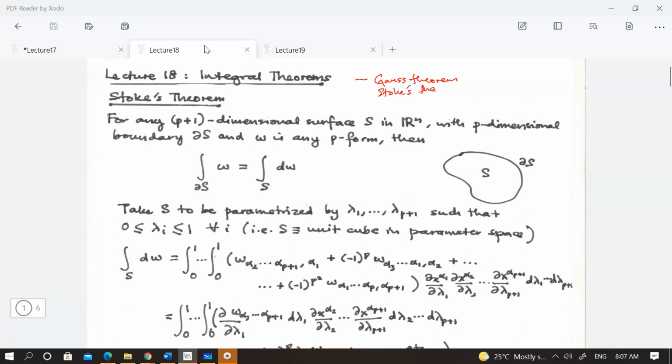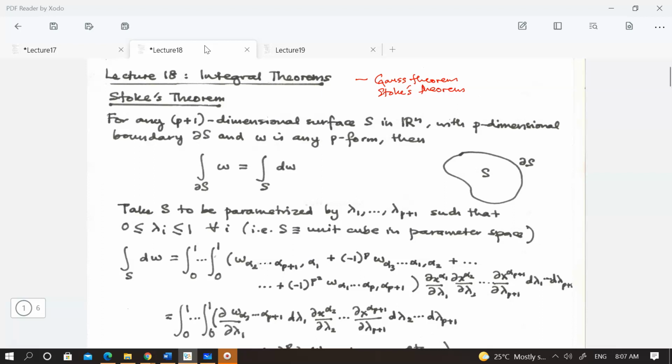These are special cases of integral theorems that involve differential forms. So let's do Stokes theorem first.